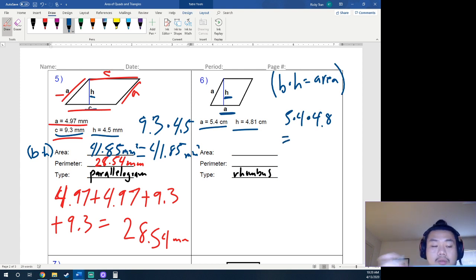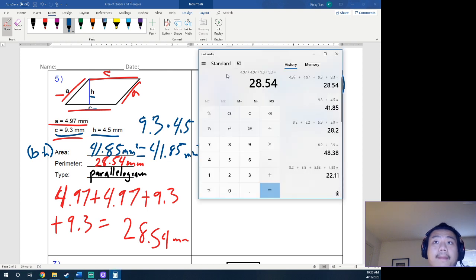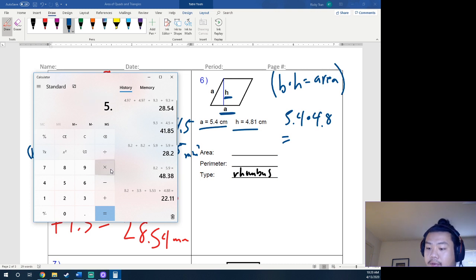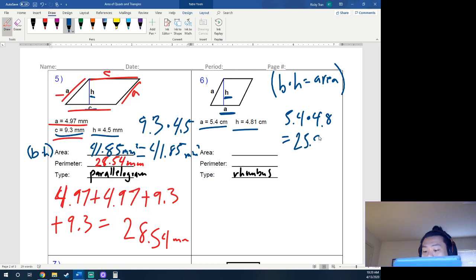So 5.4 times 4.8 is 25.92 centimeters squared.